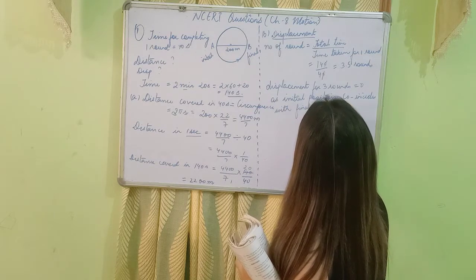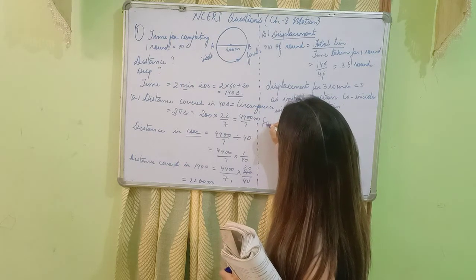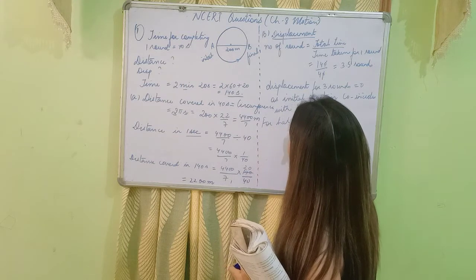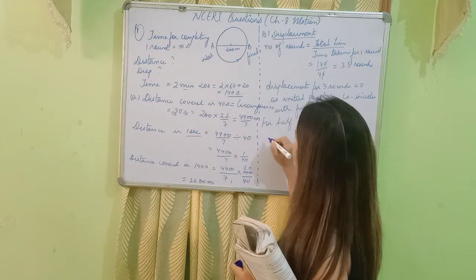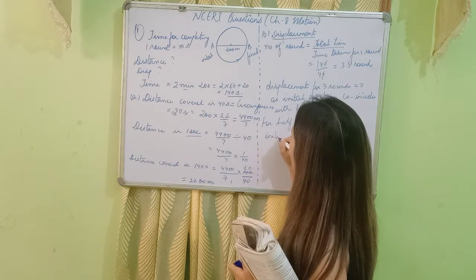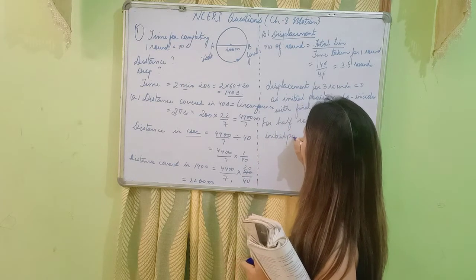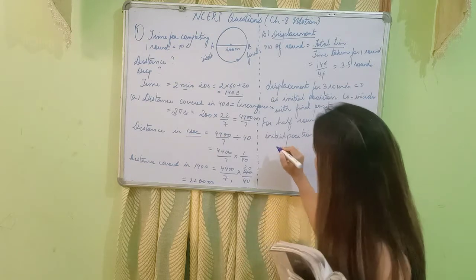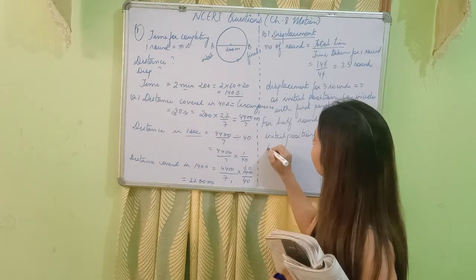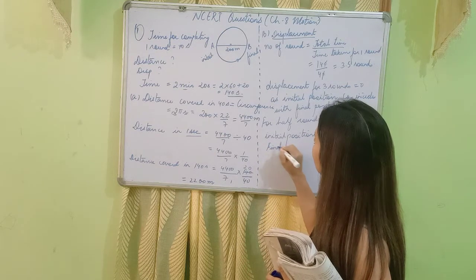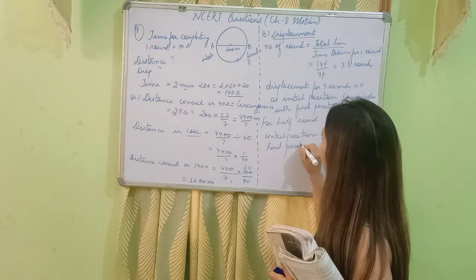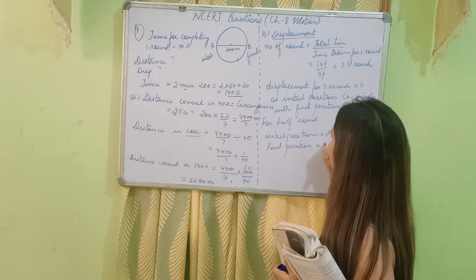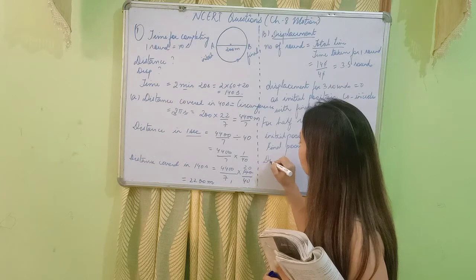Now for half round, initial position is A, final position is B. So what will be the displacement?